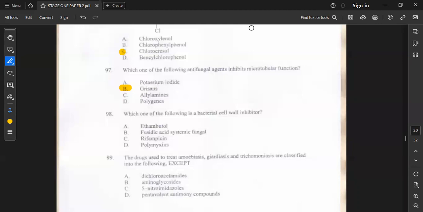For example, benzoic acid has keratolytic properties, so it can be used for tinea infection on the nails. And I think sodium thiosulfate is used against Malassezia furfur.